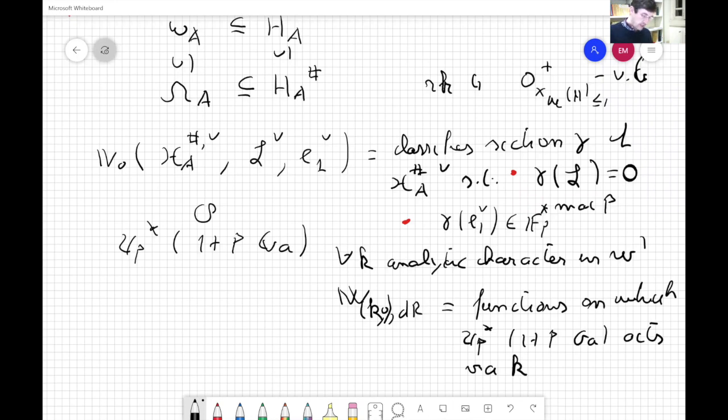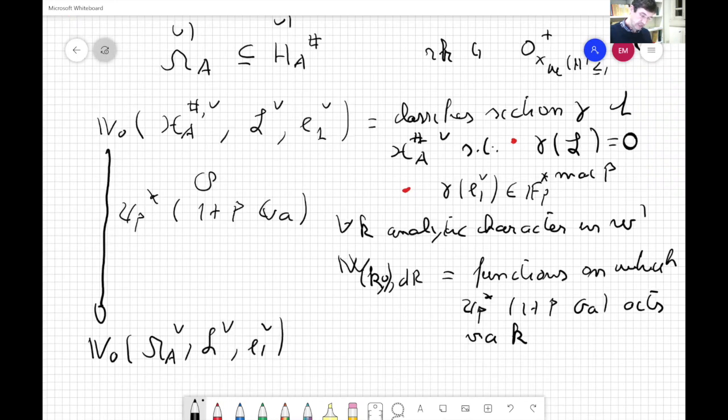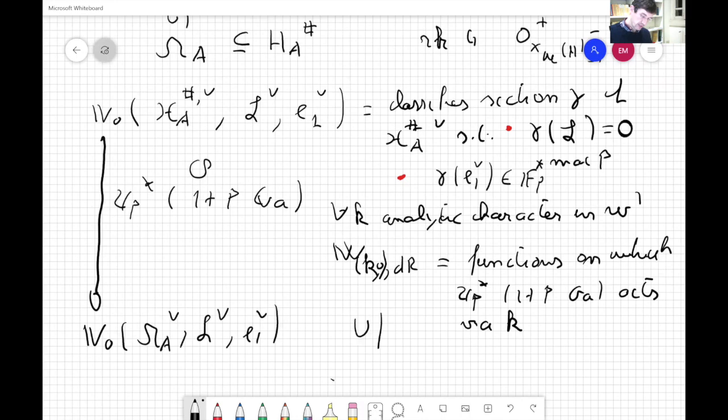Here you see I can, of course, project down to V0 of omega A dual, E1 dual, and that at the level of functions gives us an inclusion of omega K0.